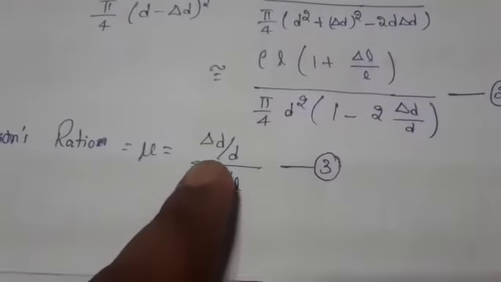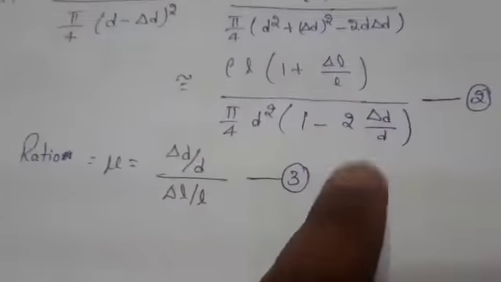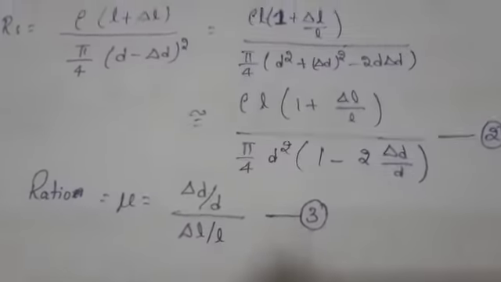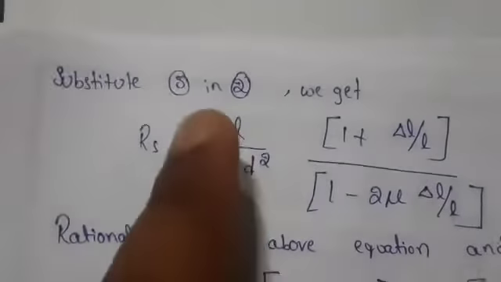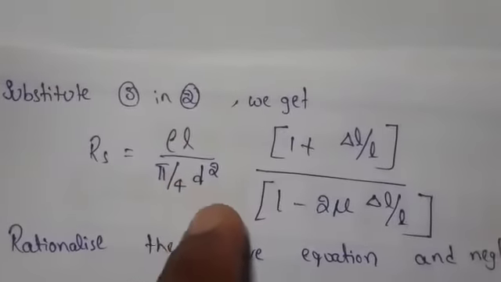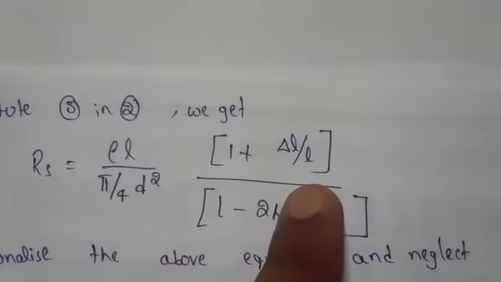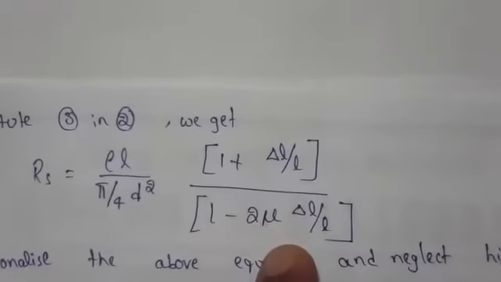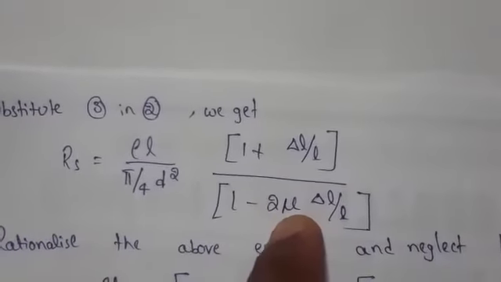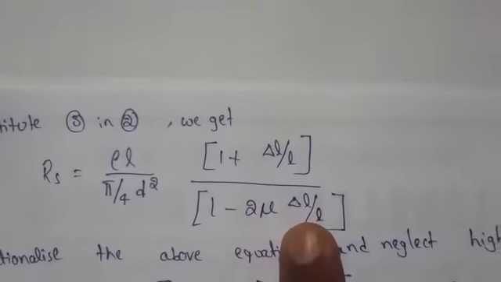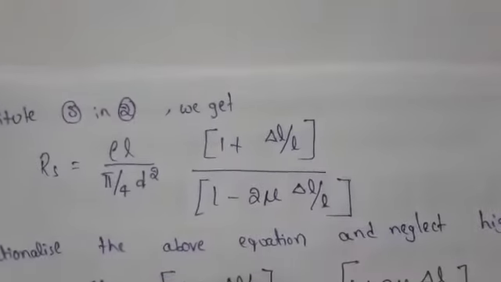Now we substitute the value of delta d by d here. Substituting 3 into 2, we get R equal to rho L by pi by 4 d square into 1 plus delta L by L, into 1 minus 2 mu. Instead of delta d by d we are writing mu into delta L by L here.